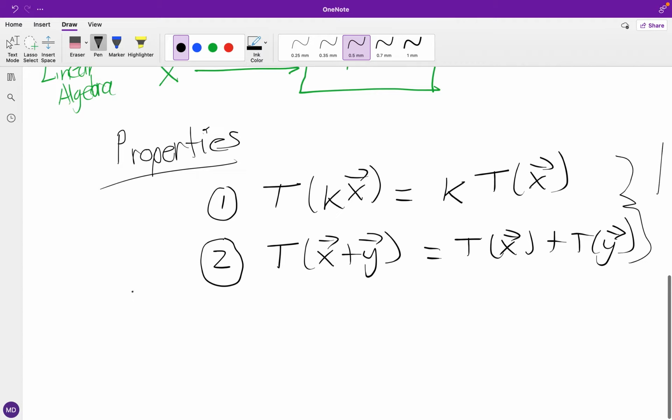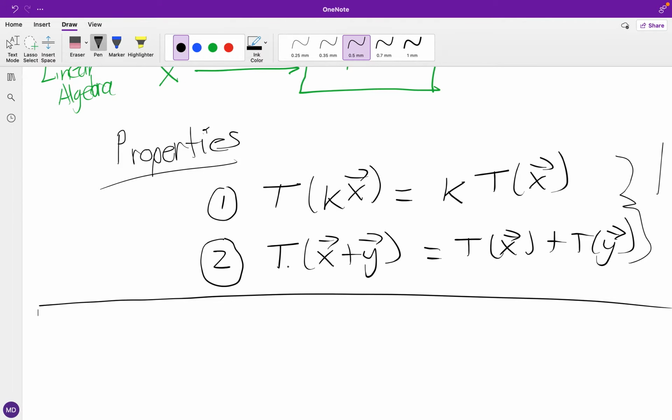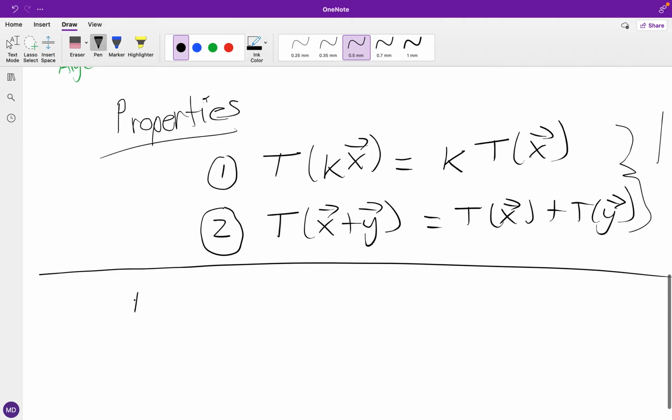Okay, and now another note, as I said, the general form is that our transformation of x, which by the way is a vector, it's just a notation for our output, just as f of x is a number, T of x is a vector. The general form we said was Ax, so some transformation matrix A times our input vector x.